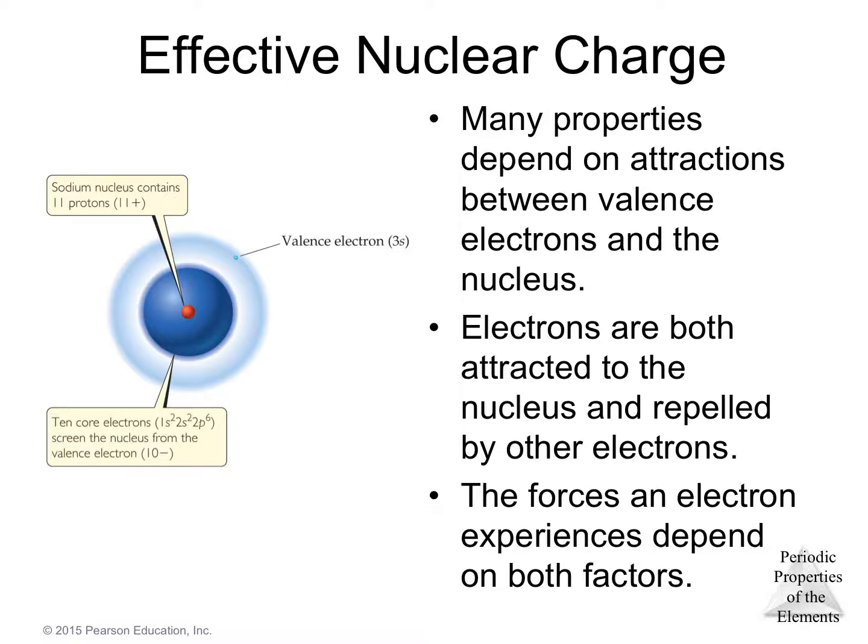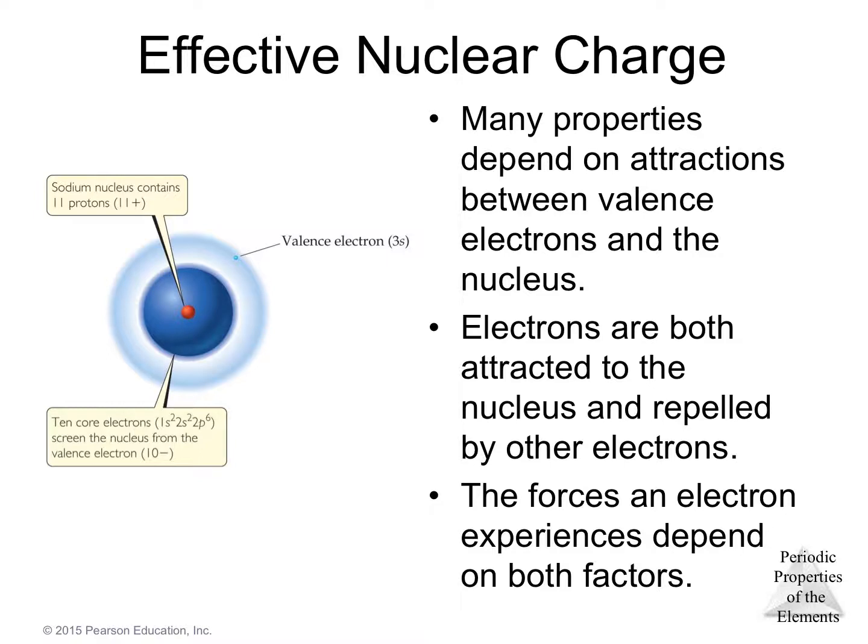Sodium's valence electron is feeling several different things at once. It's being pulled to the nucleus because it's attracted to that positive charge given off by the protons, but it has all these other electrons between it and the nucleus. So those electrons are going to be pushing it away. So electrons are both attracted to the nucleus and repelled by other electrons.